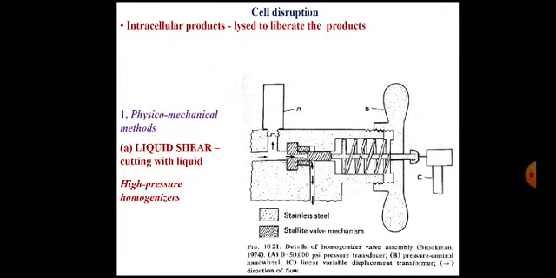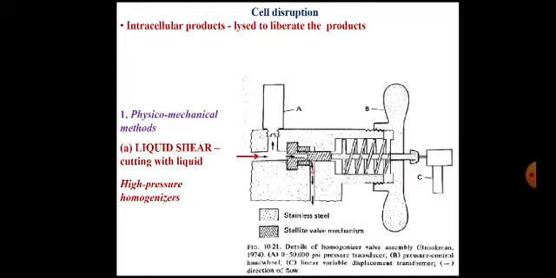From this end, the microbial slurry, meaning the liquid containing microbial cells, is fed in, and it will enter into this valve mechanism, that is a non-return valve. Forcefully this slurry is fed into this small non-returning valve, which will enter through a small orifice.